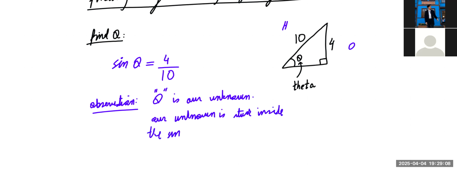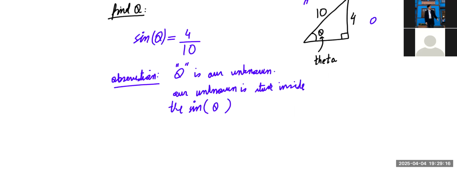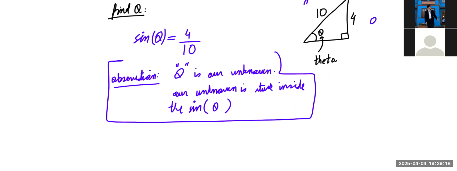See? It's stuck inside the sine. That's a problem, isn't it? That's basically the main observation. Whenever you notice that the thing you're looking for is in the sine, remember that you have to use the sine inverse.